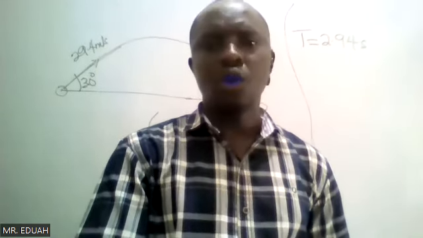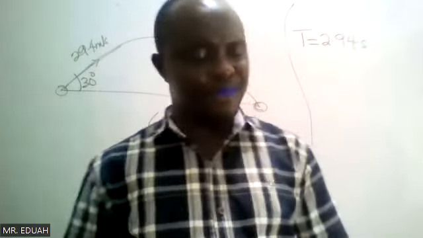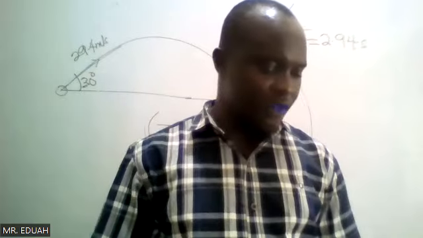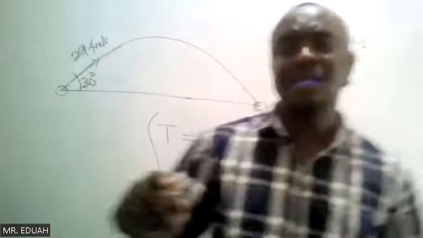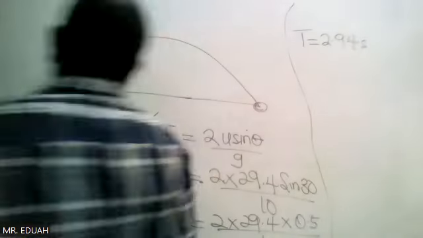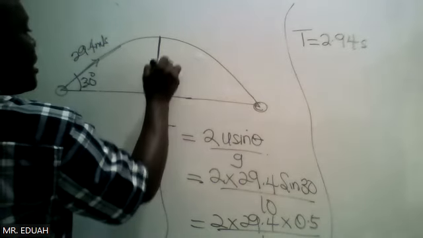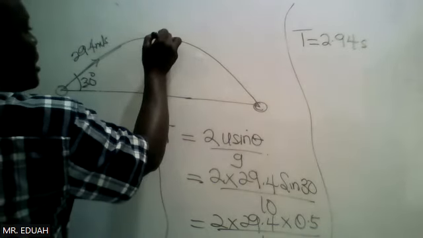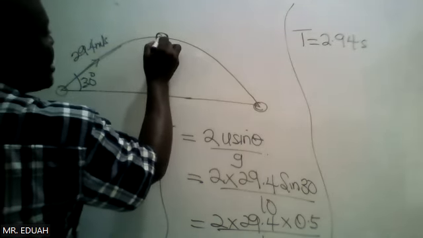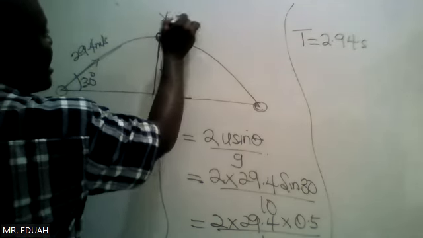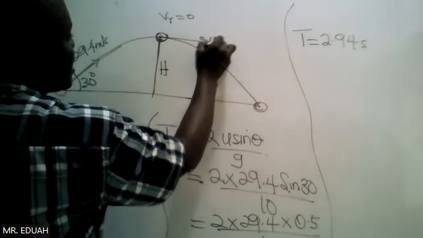Okay. So the question is saying that we have to find the speed of the particle at its maximum height. We know that in projectile motion, when the body gets to the maximum height, the vertical velocity Vy is 0. The horizontal velocity is constant.